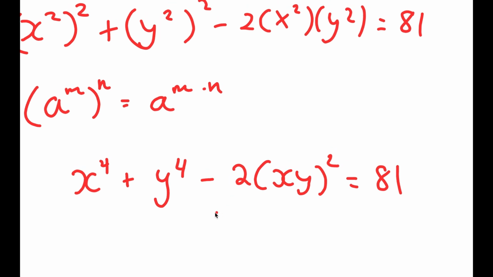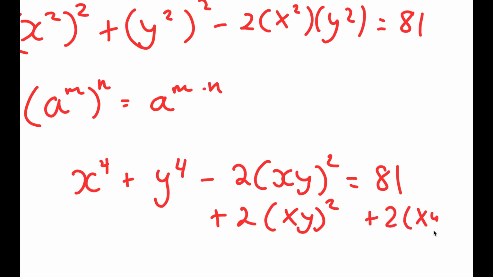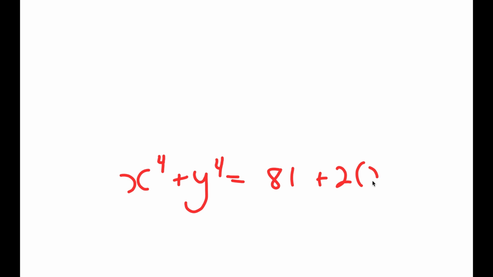Now I'm going to add 2(xy) squared on both sides. So from here, I get x to the power of 4 plus y to the power of 4 is equal to 81 plus 2 times (xy) squared.